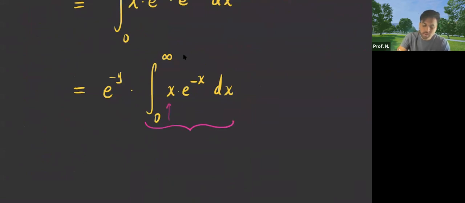So I would make this u, I would make this dv or v prime, and then I would go about doing integration by parts. Or can anybody tell me what this integral here represents in terms of what we've been studying with random variables?